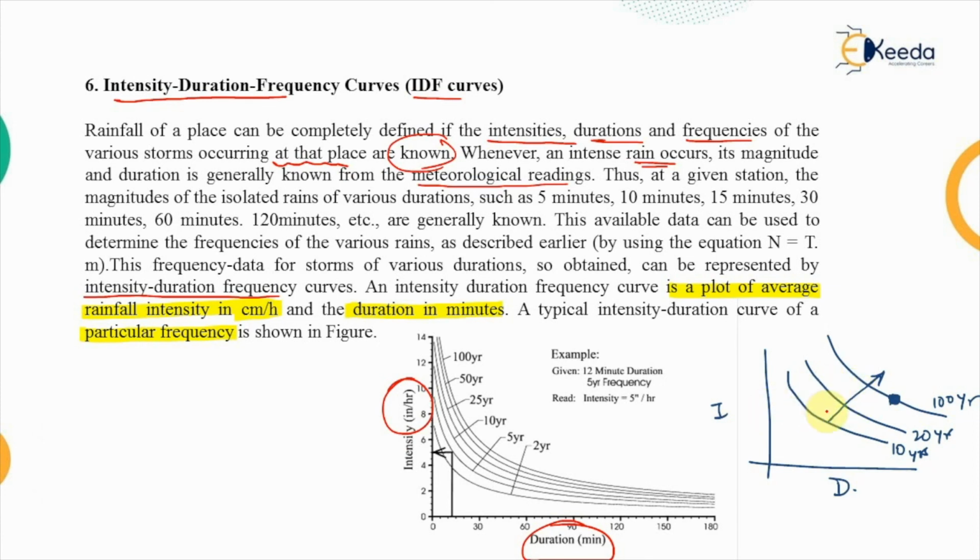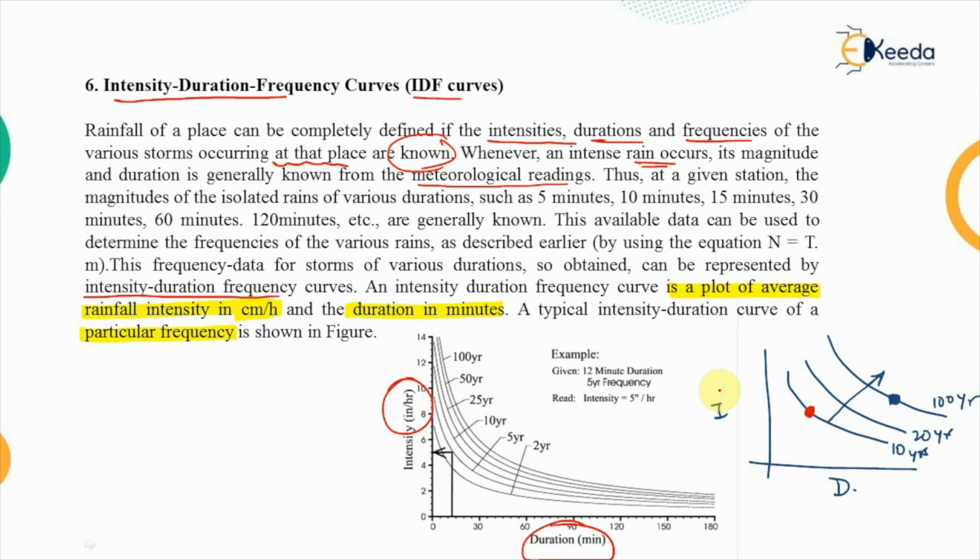If we select a particular curve, let's say one representing the storm which occurs after every 10 years, then for a particular return period, as the duration increases, the intensity of the rainfall decreases. Whenever a storm occurs in a certain place, the magnitude of the rainfall is very high, but it occurs for a very short time.